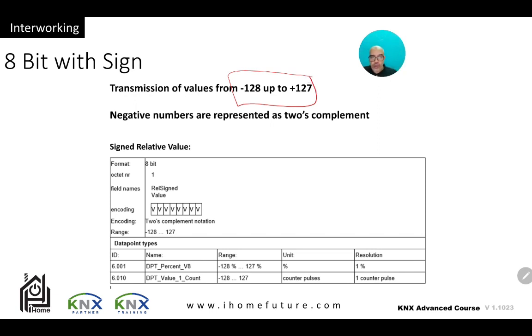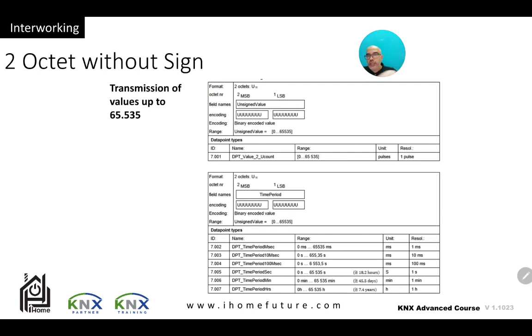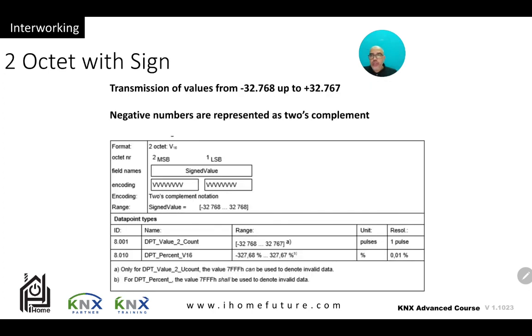Then 2 octet without sign, which I can use for something like a time period, or 2 octet with sign, which I can also use for other values, and the range is lower because 1 bit is assigned for the sign.